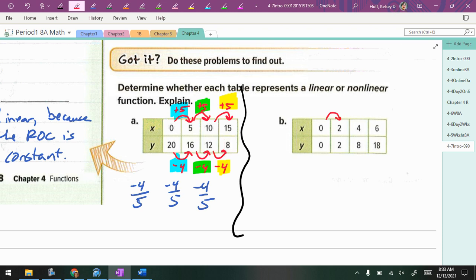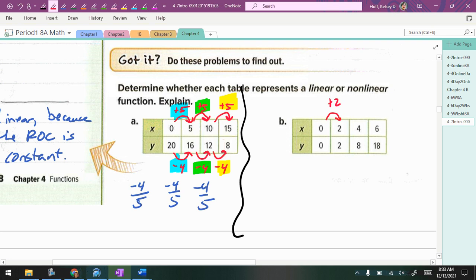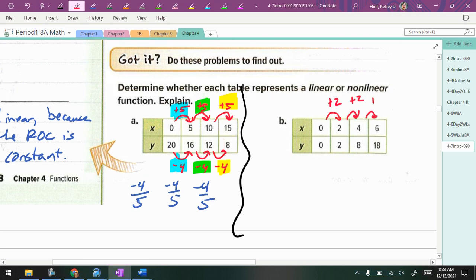How do I go from 2 to 8? Plus 6. Then how do I go from 8 to 18? Plus 10. Okay, which number goes on top? 2 over 2, then 6 over 2, then 10 over 2.